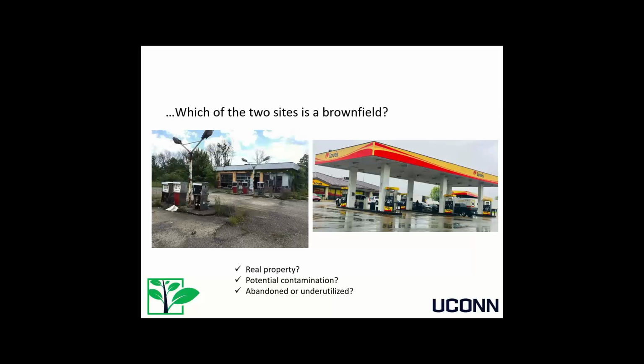There might be some suspected contamination, but if there's a liable party responsible for contamination, then we cannot say that this is a brownfield. It's a fully active facility, could be potentially contaminated, but that does not make it a brownfield site. So that's the most important distinction here, understanding which sites can be brownfields and which sites are basically privately owned sites with some suspicion of contamination.